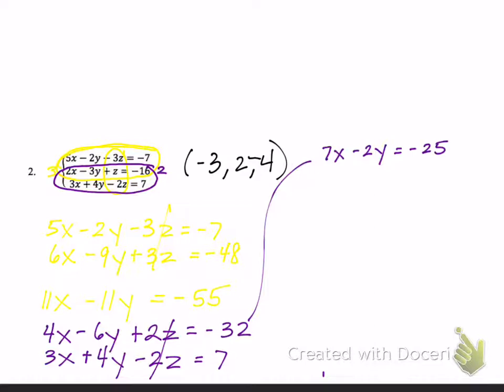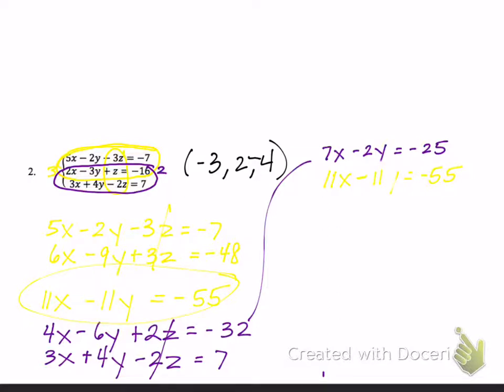Then I'm going to rewrite this problem over here. And so now I have 2 variables. I'm going to solve either using elimination or substitution. That shouldn't be 111. I don't know why that happened. It looks different on my screen.